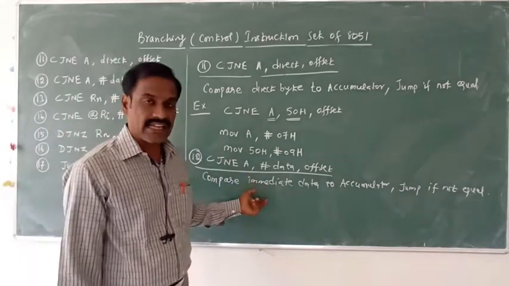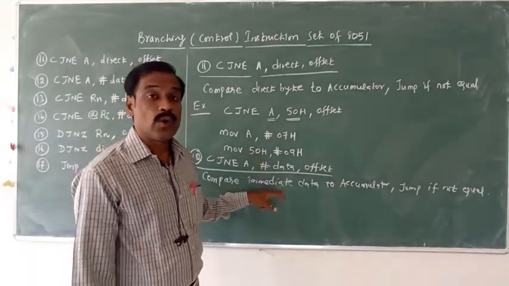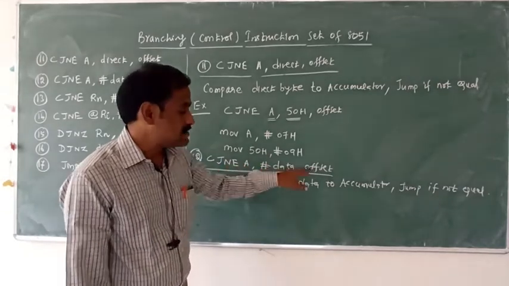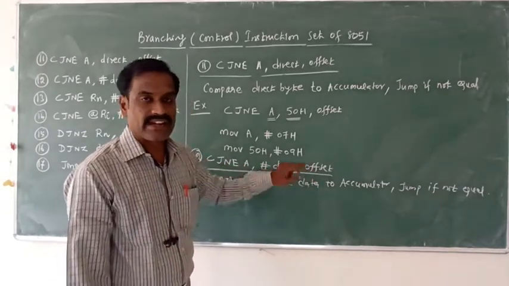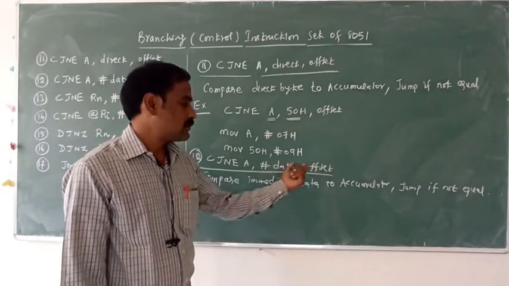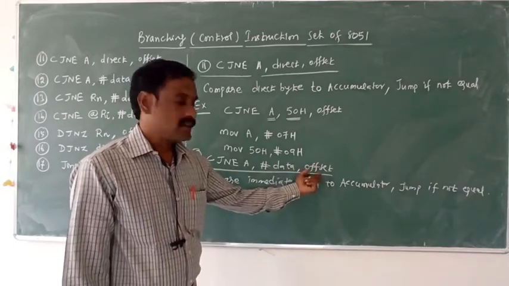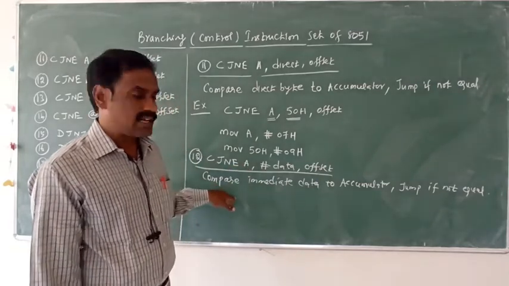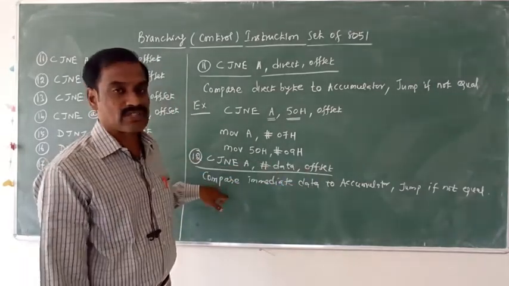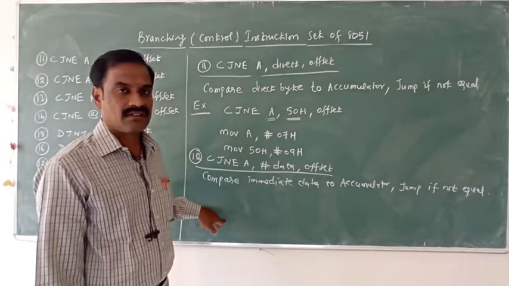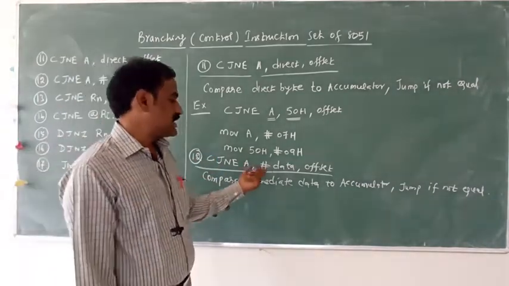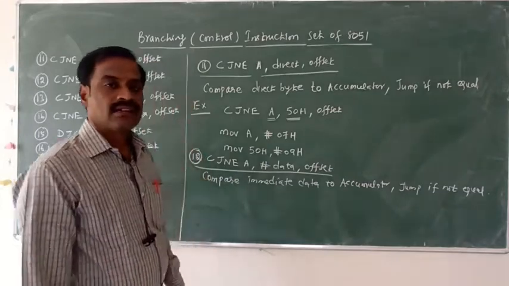Suppose the both data are not equal, now this condition will be satisfied and jump to the given memory address location. Now this memory address will be moved to the program counter, and the program counter will execute this memory address location. This is the concept of comparing the accumulator with the immediately given 8-bit data.